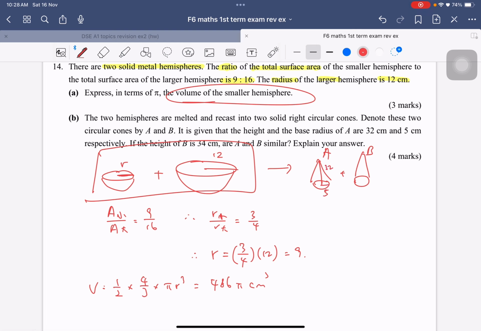And if the height of B is 34, are they similar? If you want them to be similar, the ratio of their lengths should be the same, and then the volume ratio is going to be the cube of the length ratio.